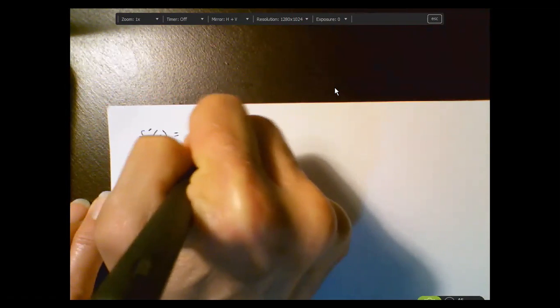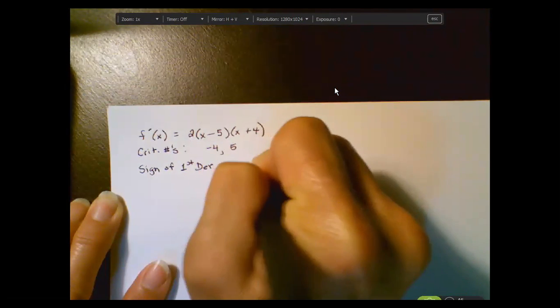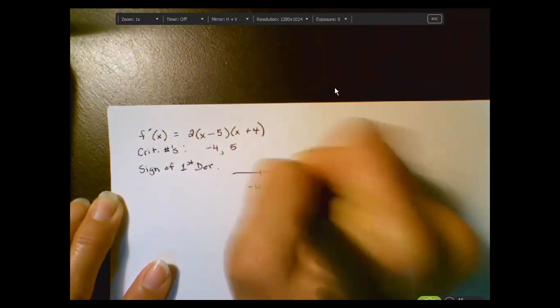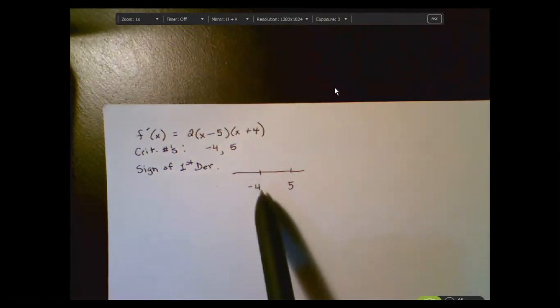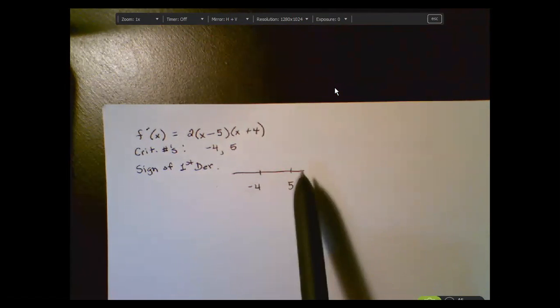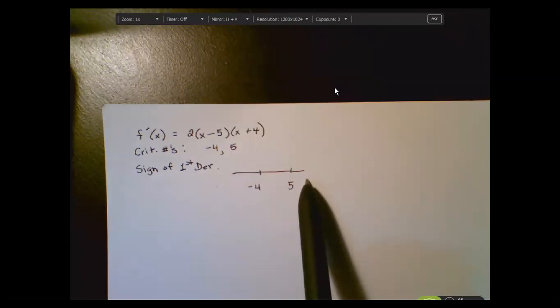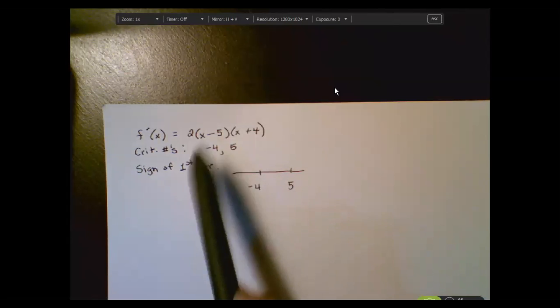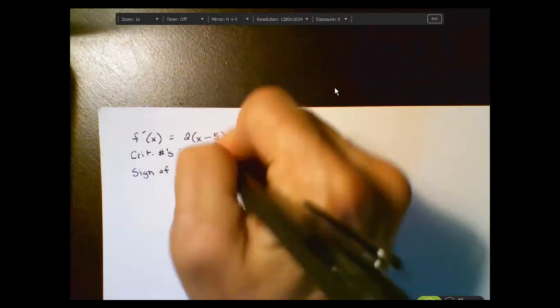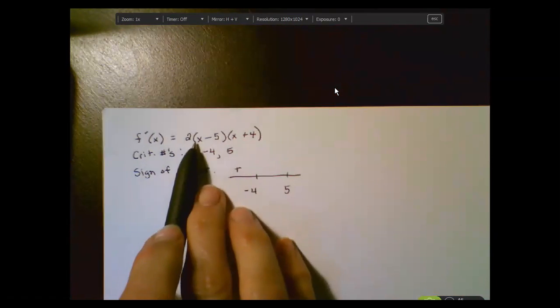In each one of these three intervals, maybe test the derivative when x is -5, and maybe when x is 0, maybe when x is 6. If you let x be -5, then the first derivative would be positive, because you'd have a negative times a negative.